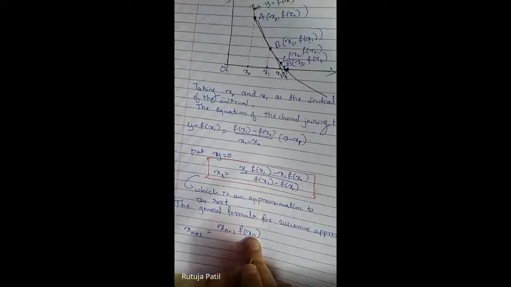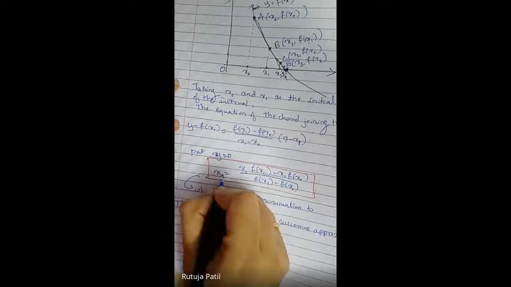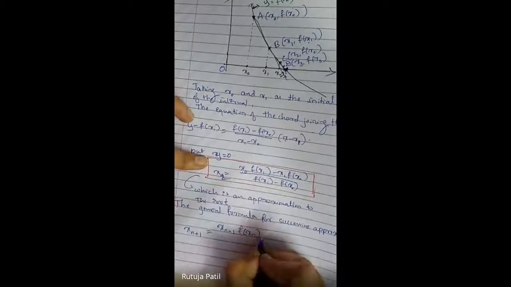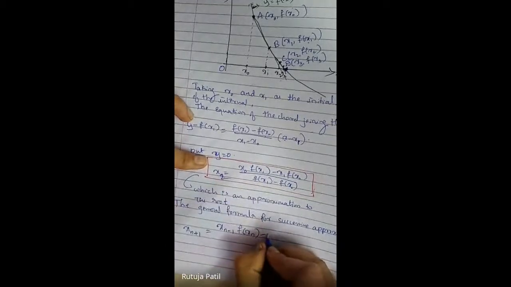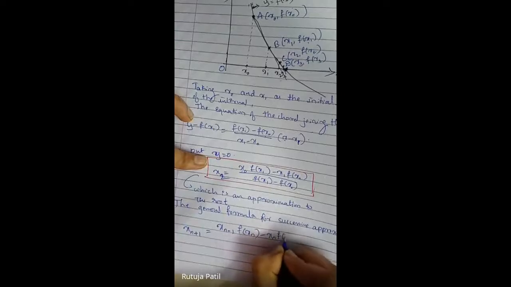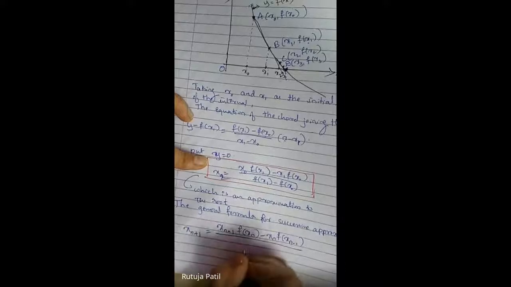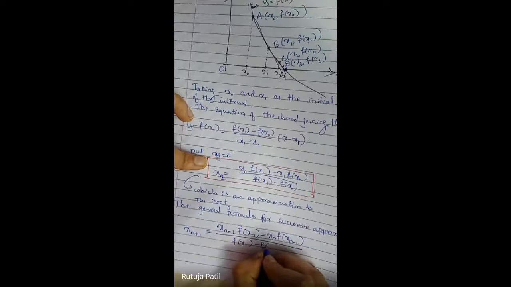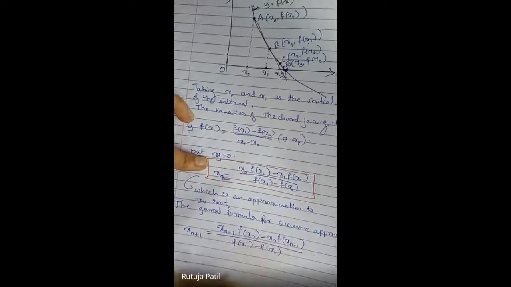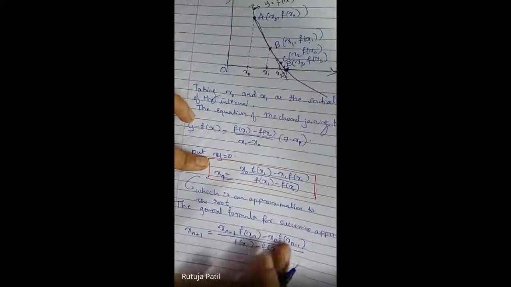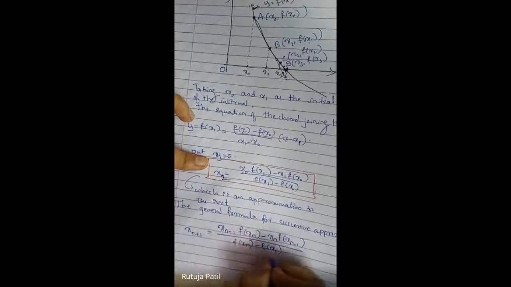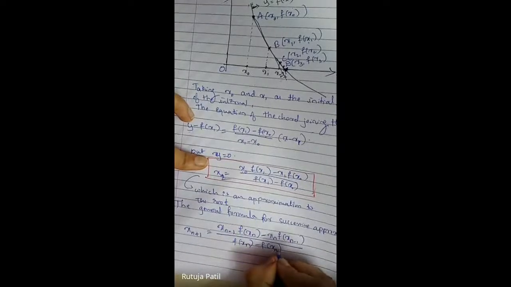x1 we know, right? This is x2, so f of x n minus x n f of x n minus 1 divided by f of x n minus f of x n minus 1.